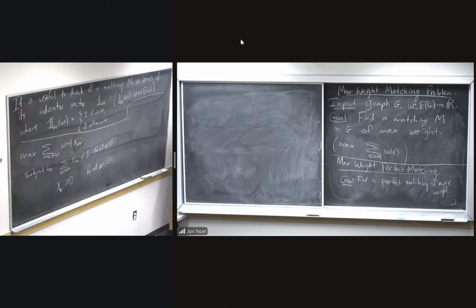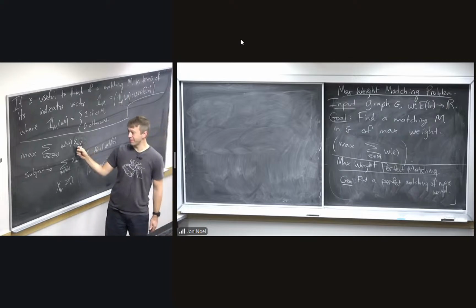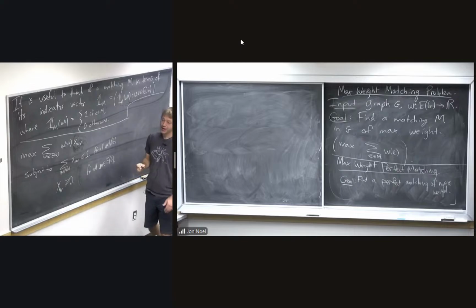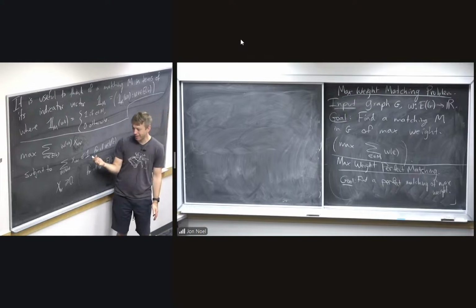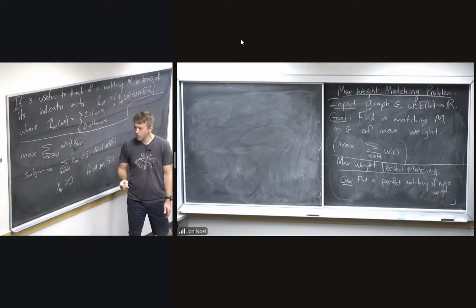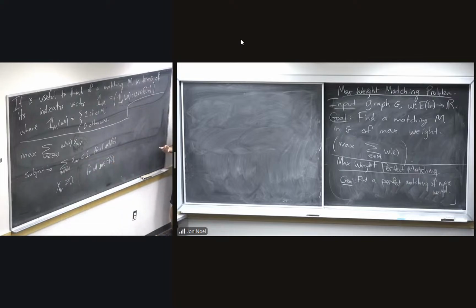So this is a linear program. I'm maximizing some linear function of some variables subject to some linear constraints. Now, here's the thing: this is not actually going to solve the maximum weight matching problem. By the way, if I wanted to make it a perfect matching, you just make this equal to 1 instead of less than or equal to 1.